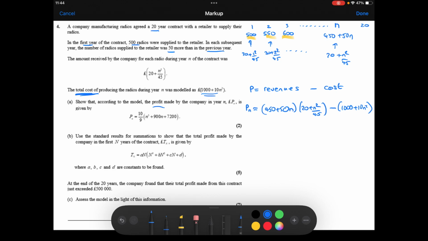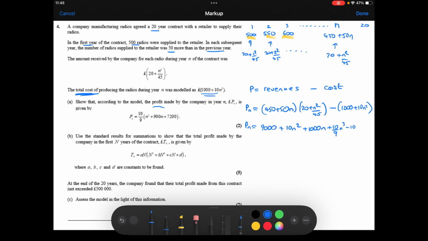And right, just expanding that out now. 450 times 20 is 9,000. 450 times n squared over 45 is 10n squared. 50n times 20 is 1000n. 50n times n squared over 45 is going to be 10 over 9 n cubed.